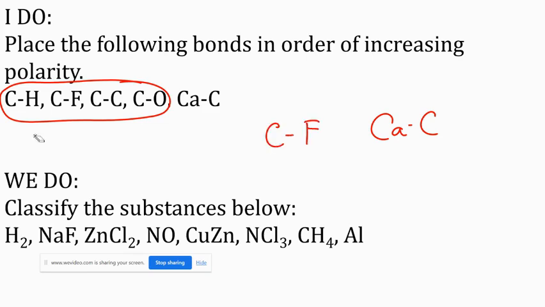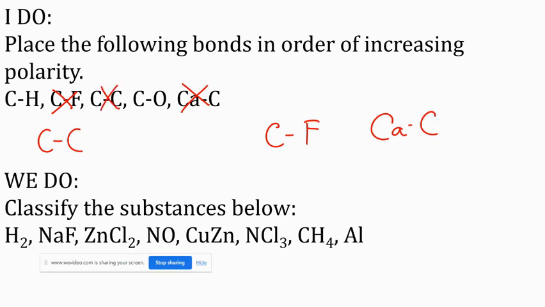Okay, so I've got this one taken care of. I have this one taken care of. Which one is going to be way over here, the most nonpolar? Carbon, because without knowing the values, we know that the electronegativity difference of that guy is 0. Okay, so we got rid of him. Now we have to figure out between these two. Which one is more electronegative, oxygen or hydrogen? Oxygen. So it's going to go here, and CH is going to go here. And now we've got them ranked.